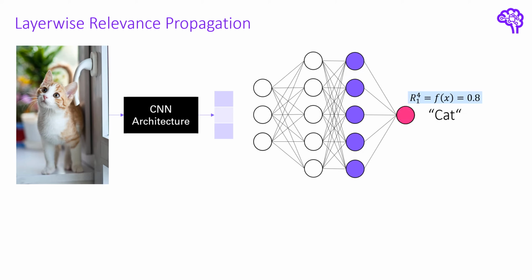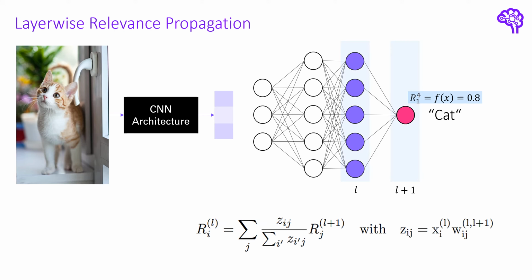The relevance of a neuron is calculated according to this formula. It gives us the relevance R for a neuron i in layer l. So our current layer l is the third layer, and the output layer becomes l plus 1, so the fourth layer. The calculation for neuron i now works as follows.